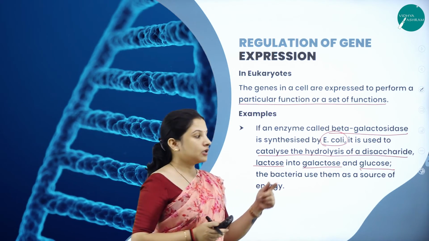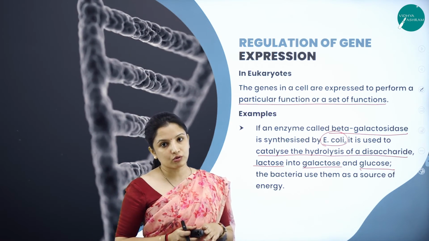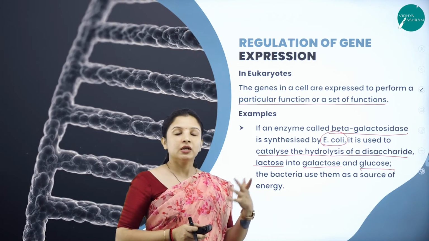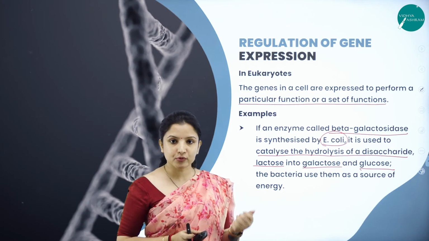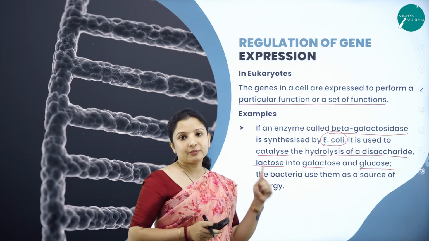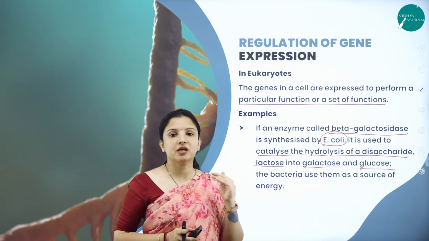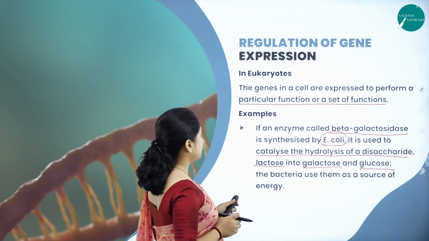What will happen? Lactose will not get converted into galactose and glucose. If lactose doesn't get converted into galactose and glucose, it will hinder or alter various metabolic processes in the body. So that is why one particular enzyme is responsible for doing a particular mechanism of function in the body of an organism.